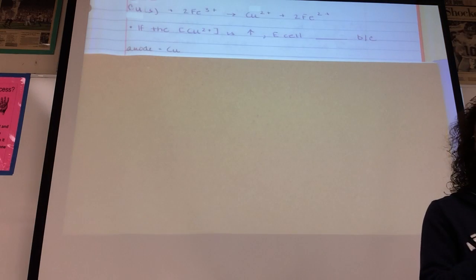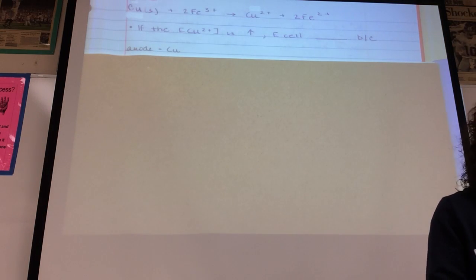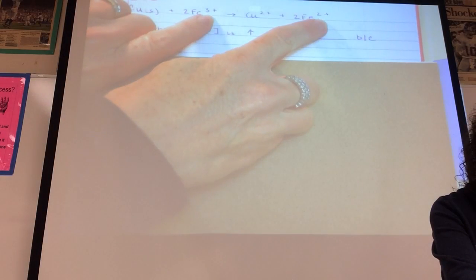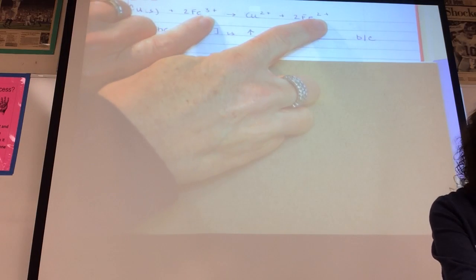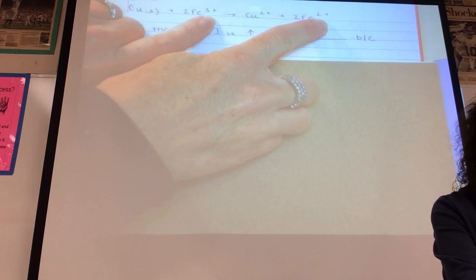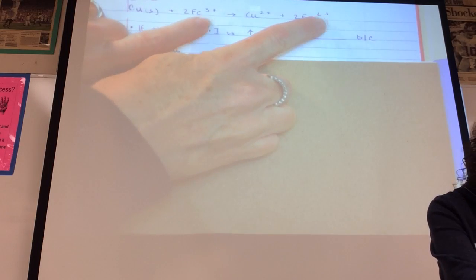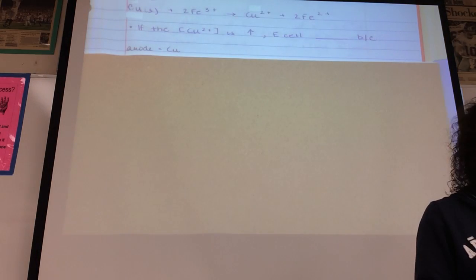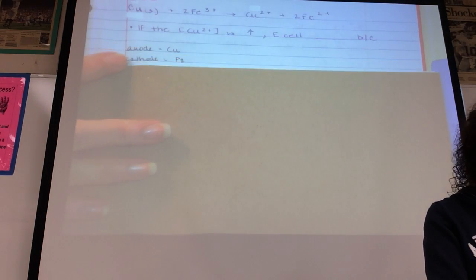But you don't want to generate iron, so you can't use iron as your electrode. Here's a case where you've got ionic species, if you will, so you need to use an inert electrode such as platinum. I don't think it'll come up, but it was a good equation to make that point clear. All right? So the cathode would probably be platinum.